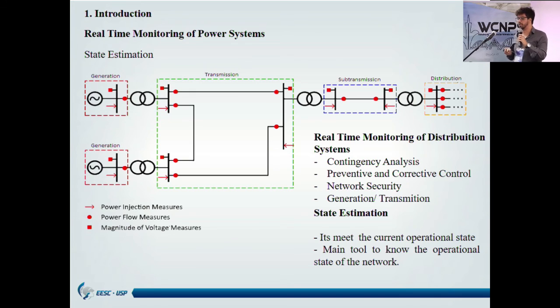But what is to monitor in real time the whole power system? It is to know the current operational state of all the buses. The main tool for this is the state estimator, consisting in obtaining the nodal complex voltages.